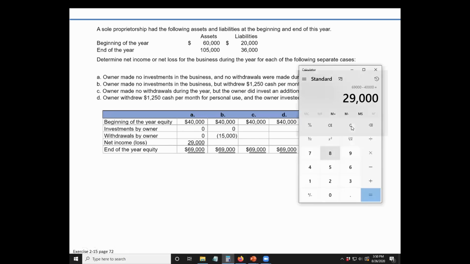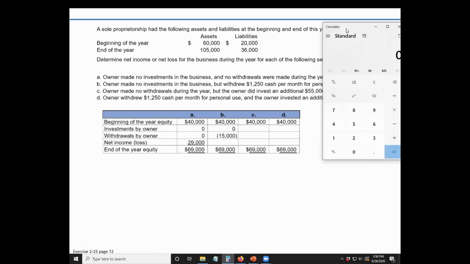If we look, they had $69,000 to end with, minus the 40.